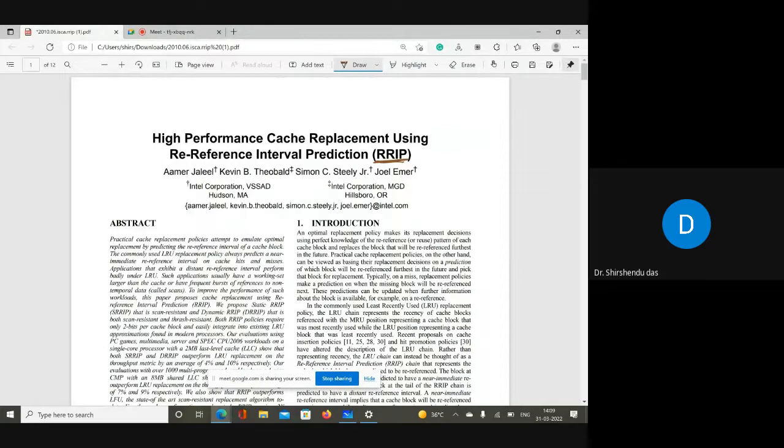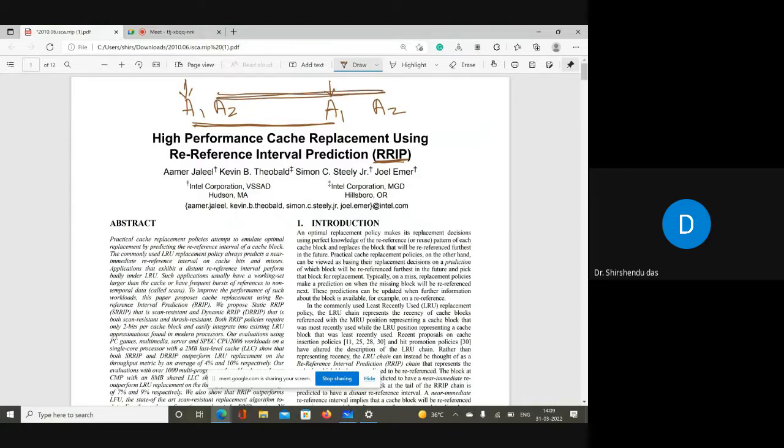Suppose there is a block called A1, it's accessed here, and the block is accessed here again, and suppose there is a block A2 which is also accessed again. The re-reference interval is the gap between accesses: this is the re-reference interval for A1, and this is the re-reference interval for A2.